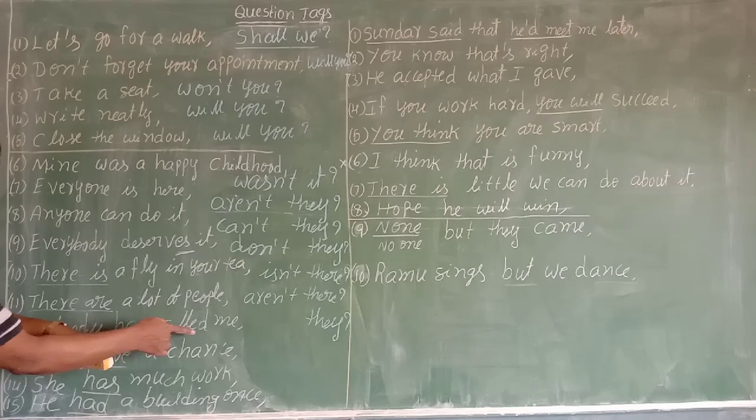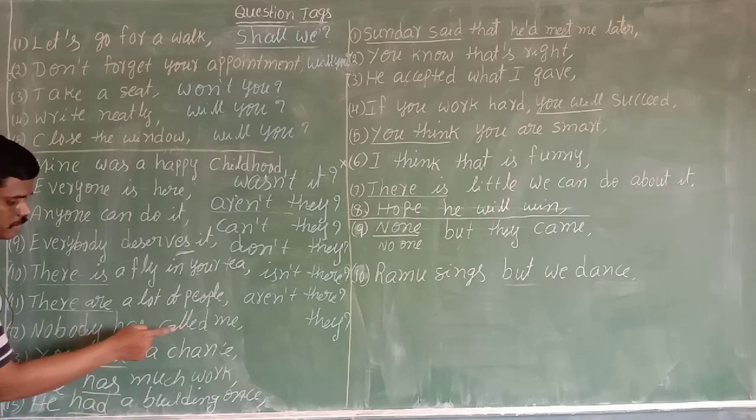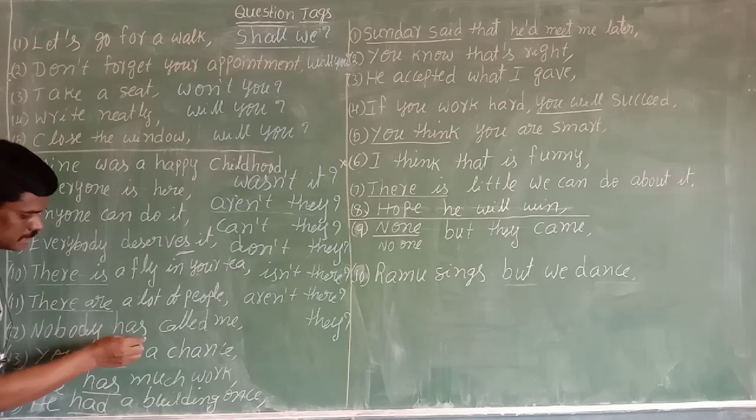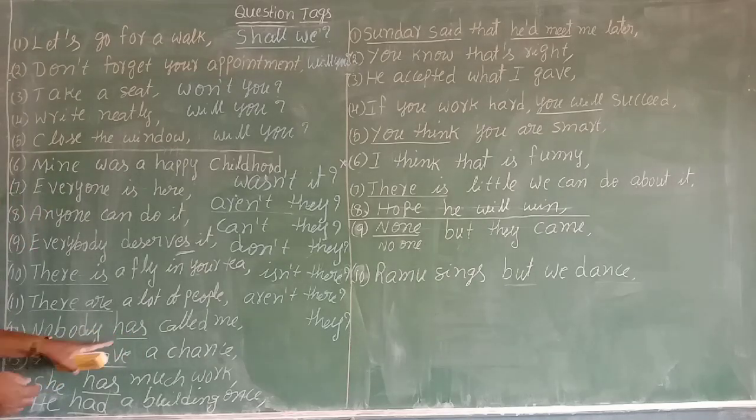Now, "has" verb 3, friends. After a have form, have, has, had, we always use verb 3. Before verb 3, "has". That means this is a helping verb. We use a "has". I have, we have, you have, he has, she has, it has, they have.